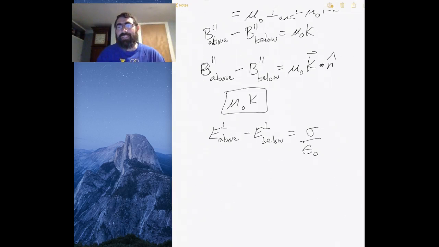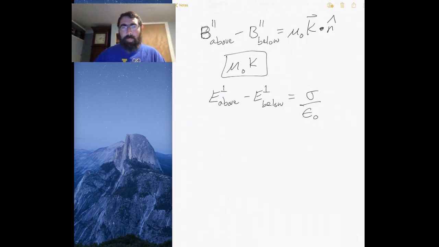But just like in the electric case, the magnetic potential is continuous at the boundary. So the magnetic potential above is going to be equal to the magnetic potential below, because the divergence of the magnetic potential is zero.